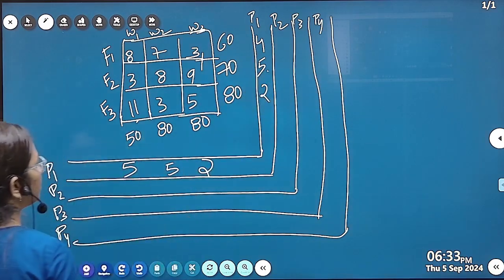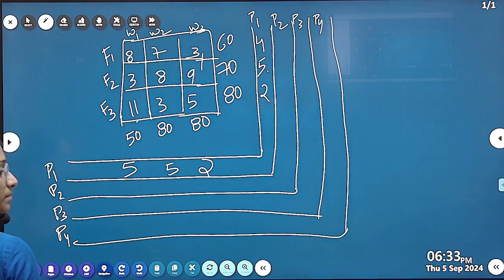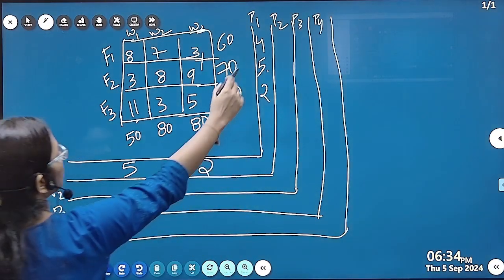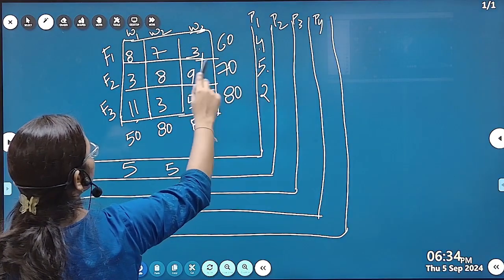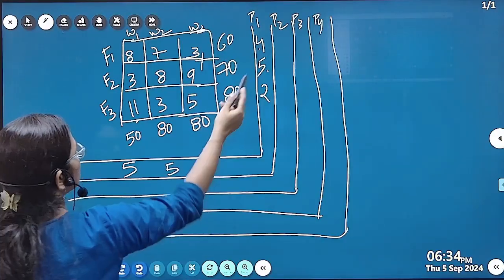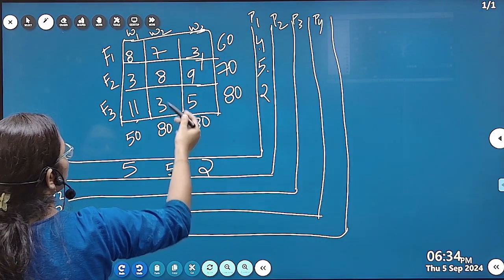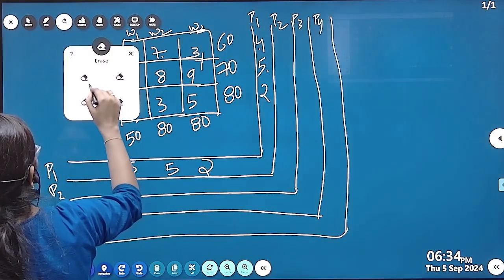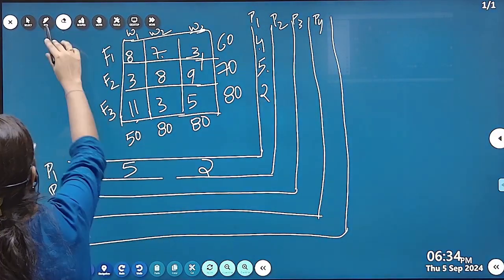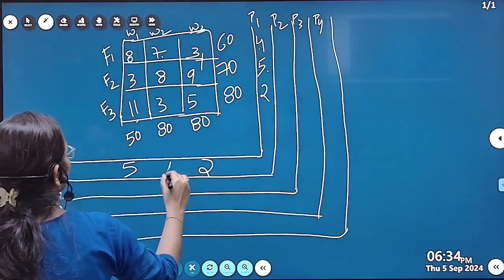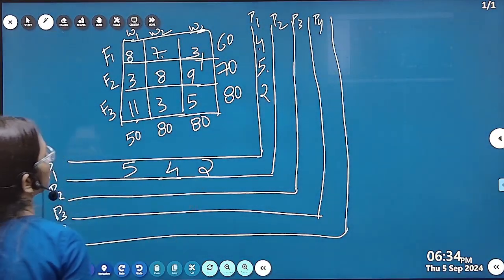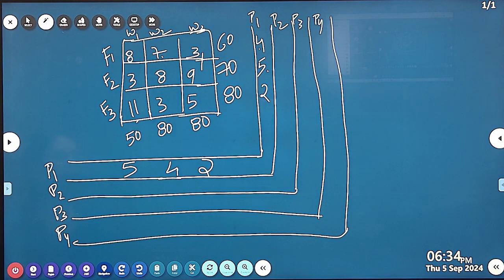So tell me which number? W2 will have 4. 7 minus 3, yes, 4 was written. So this is 4, right? Okay. So now there are 2 5s. So tell me which one you should take.